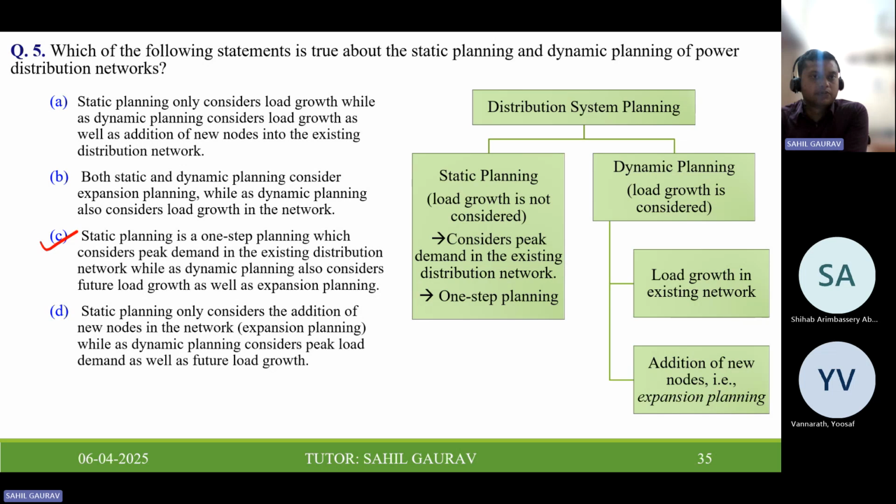So in the first statement, they are saying static considers load growth, so here itself it is incorrect. Both do not consider expansion planning, only dynamic planning considers expansion planning. And option D says static considers the addition of new nodes, no, it does not.